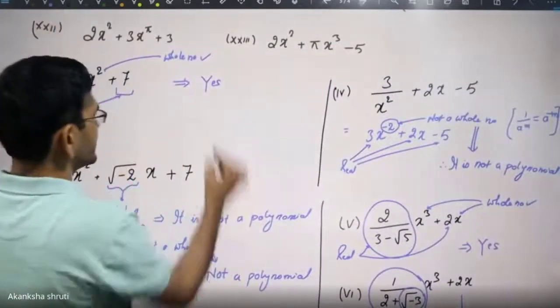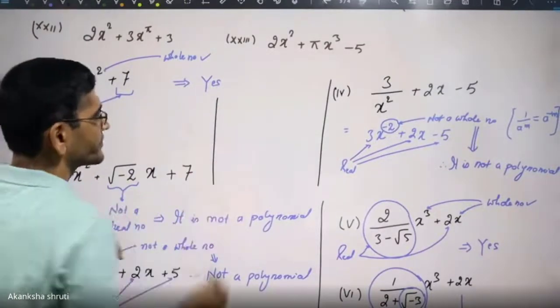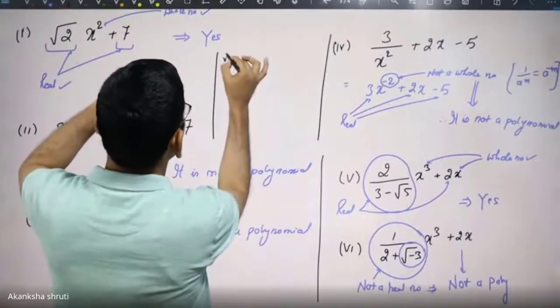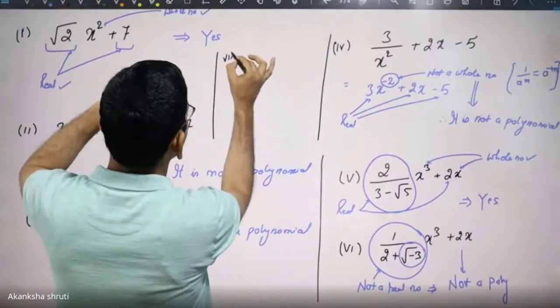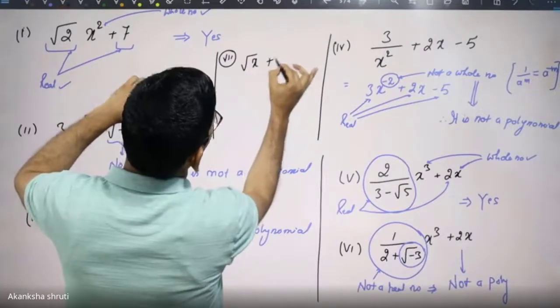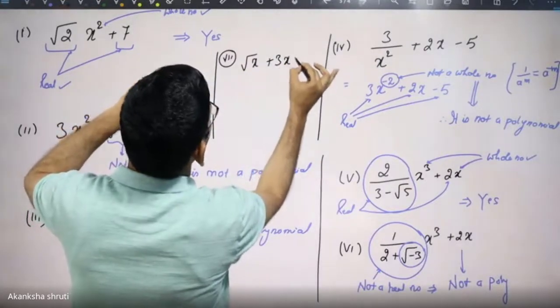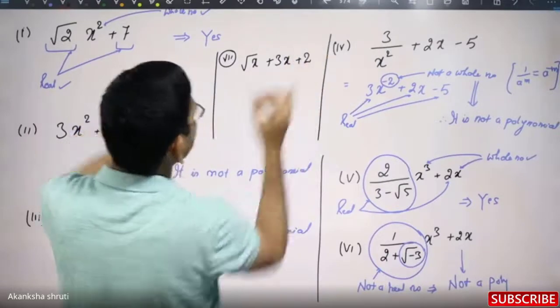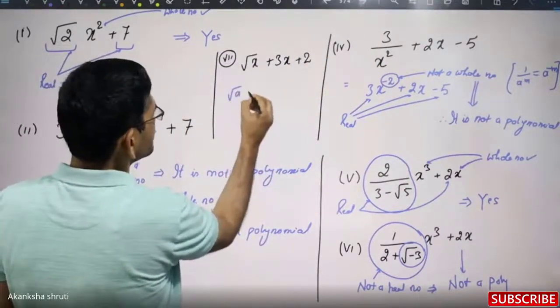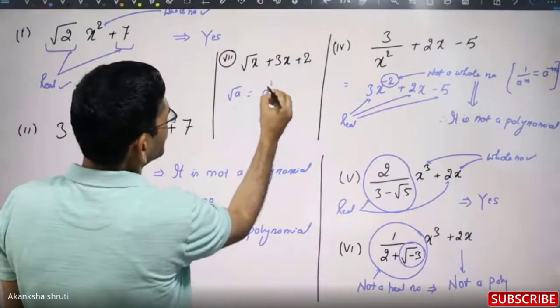Student, let me take one more. If I am taking the seventh one, under root of x plus 3x plus 2, whether it is a polynomial or not. Square root of a simply means it is a to the power 1 by 2.